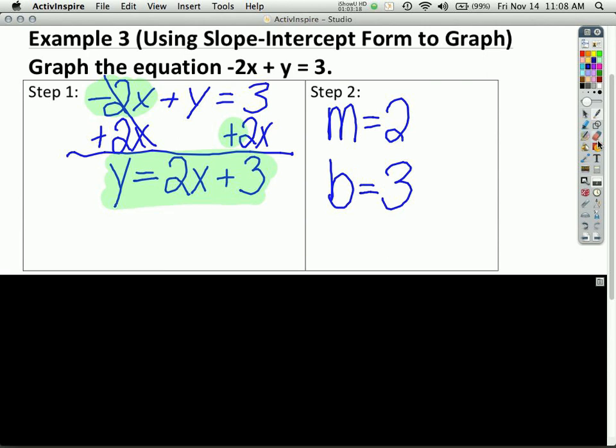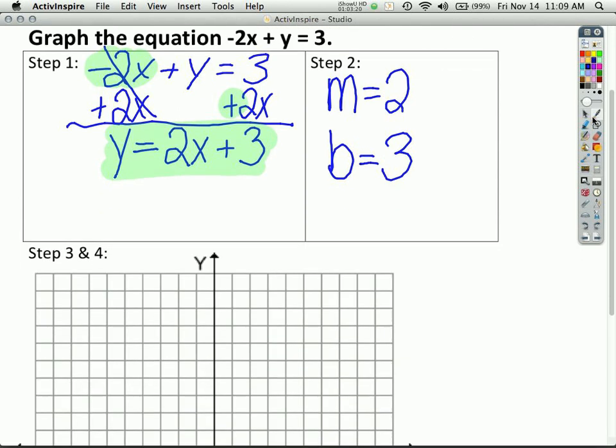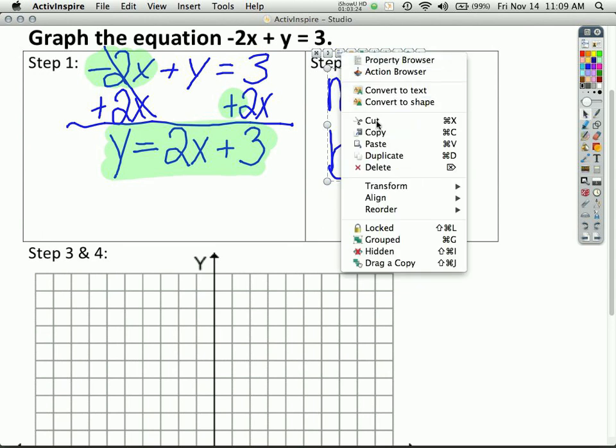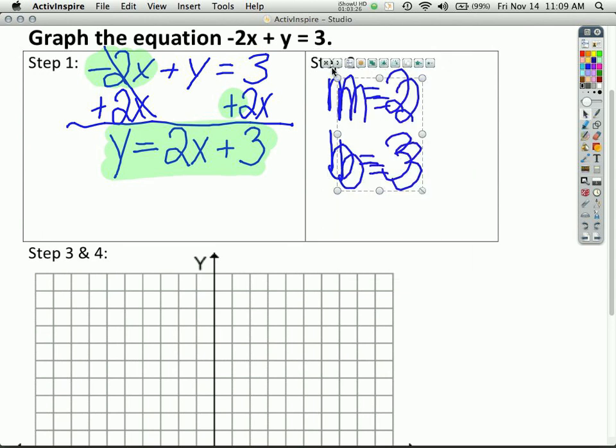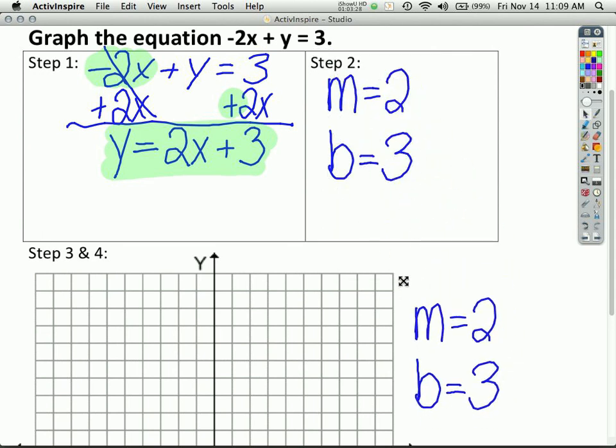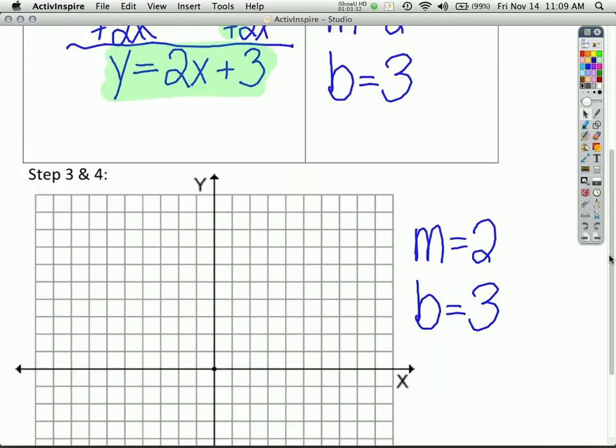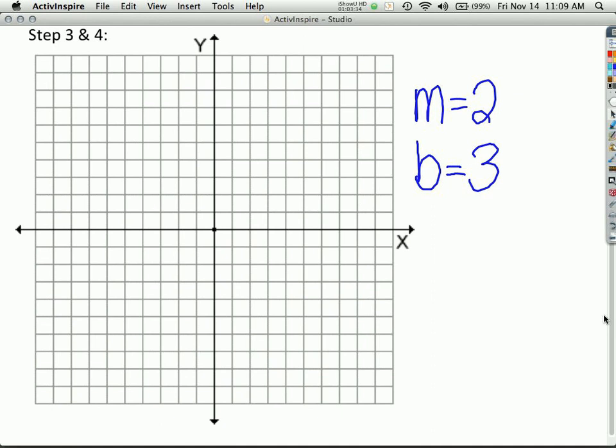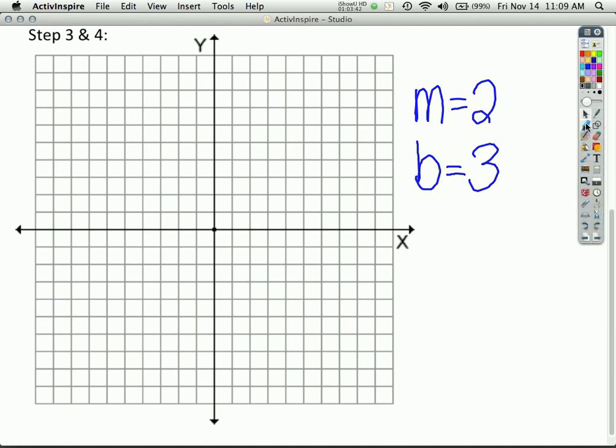So now you have to learn how to use it. The reason we do all of this is because it's so simple to graph now. It's so easy. But you have to know what you're doing. You always need a starting point.